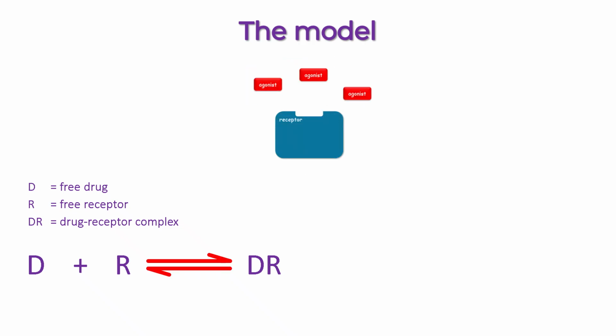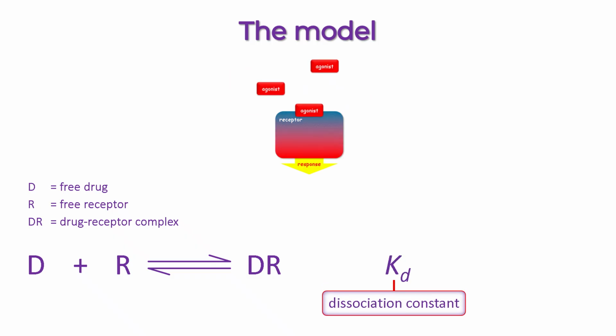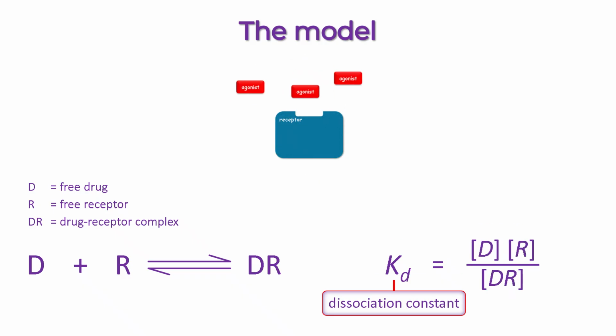At equilibrium, these opposing processes occur at equal rates. This equilibrium is described by the dissociation constant Kd, which is equal to the product of the concentrations of free drug and free receptor divided by the concentration of the drug-receptor complex.